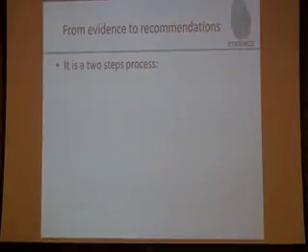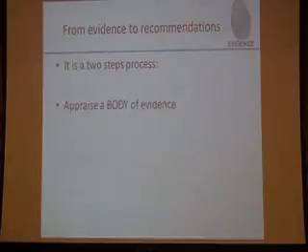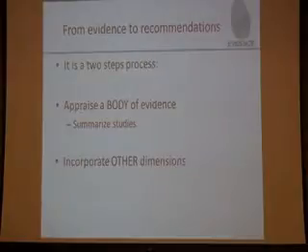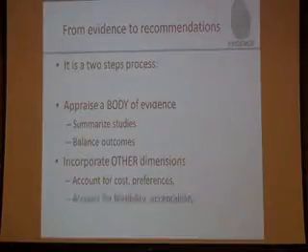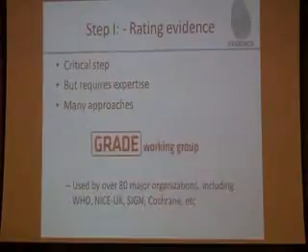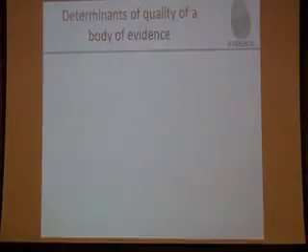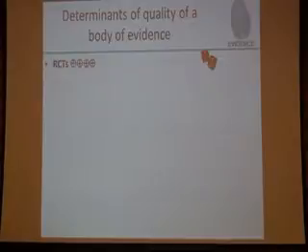Good. So it's a two-step process where you appraise the evidence first and then you incorporate the other dimensions. So you do the summary of studies, you balance outcomes, and then you account for cost, preferences, feasibility, acceptability. I told you about the GRADE working group. Now, when it comes to the determinants of the quality, you know what we are talking about.